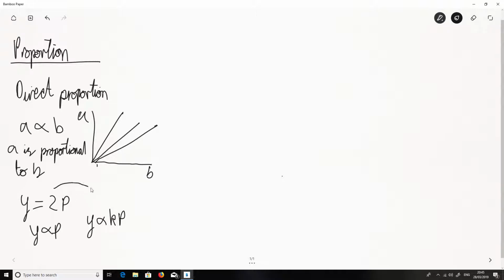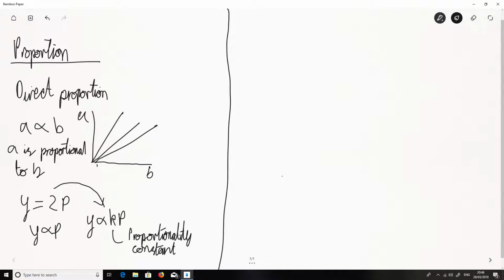So in this case, our value of k, this proportionality constant, is 2. So if you can find a constant of proportionality, it allows you to turn a proportionality relationship into an equation. So quite often that will be what they ask you to do in these questions for GCSE level.